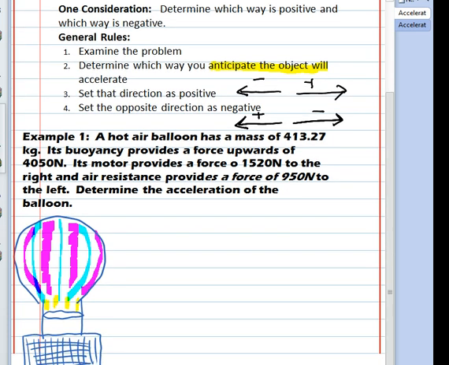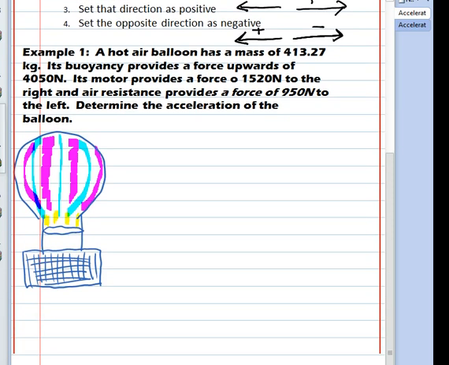Let's take a look at an example. This is very comparable to problems we've already done. So let's say in this example, I have a hot air balloon with a mass of 413.27 kilograms. So I know that gravity is going to pull down on it. We're told that it has a buoyancy force, and the buoyancy force is equal to 450 newtons.